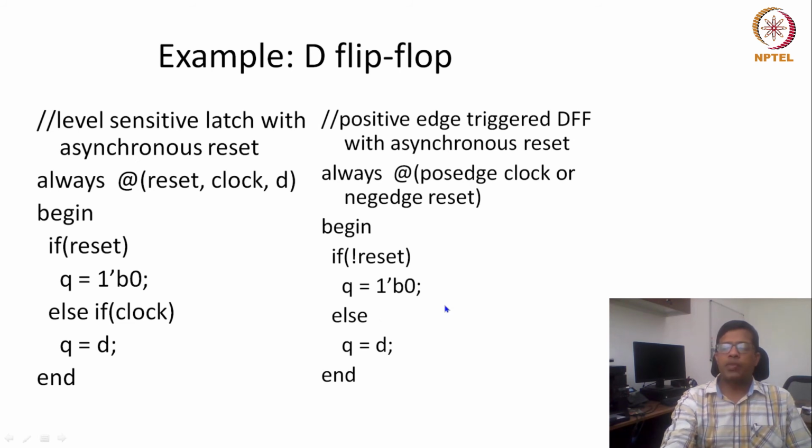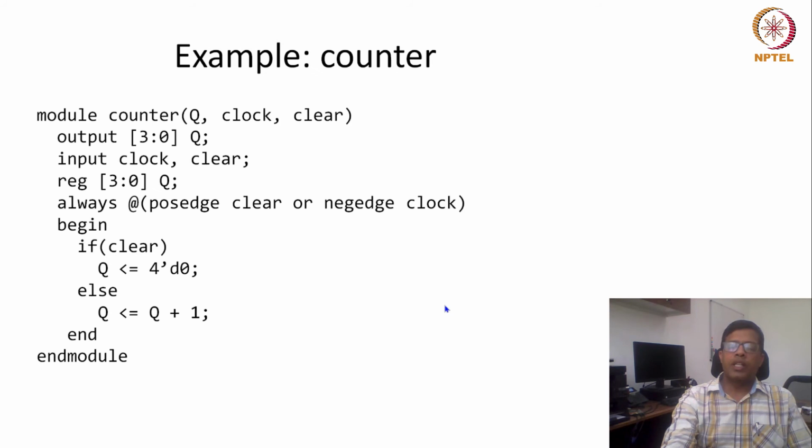So let's say we would like to design a counter. This is another example. Now again I am writing a complete module. The counter module will have two inputs and one output. Output is Q. Let's say it is a 4-bit counter.